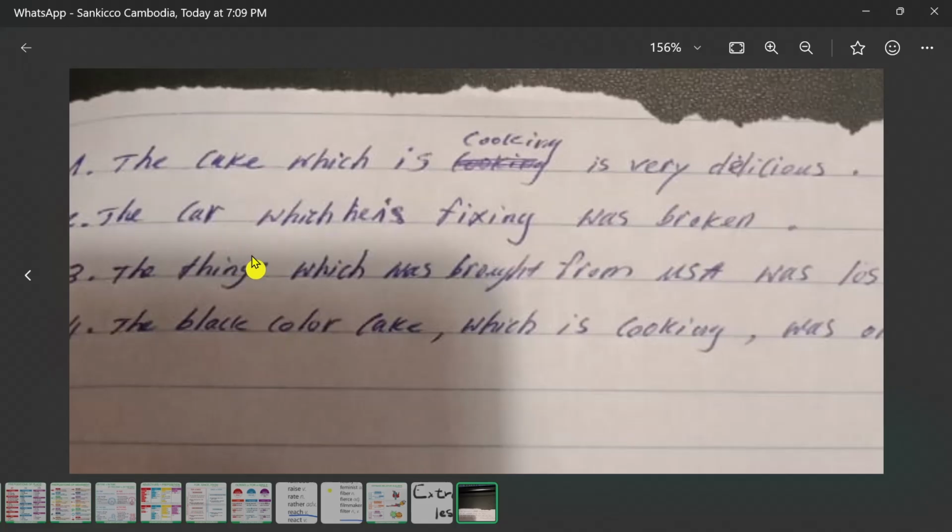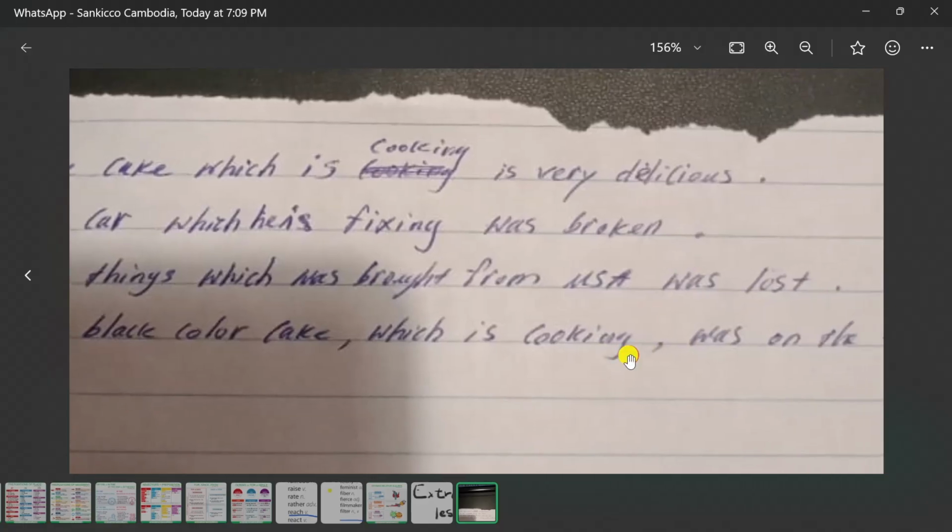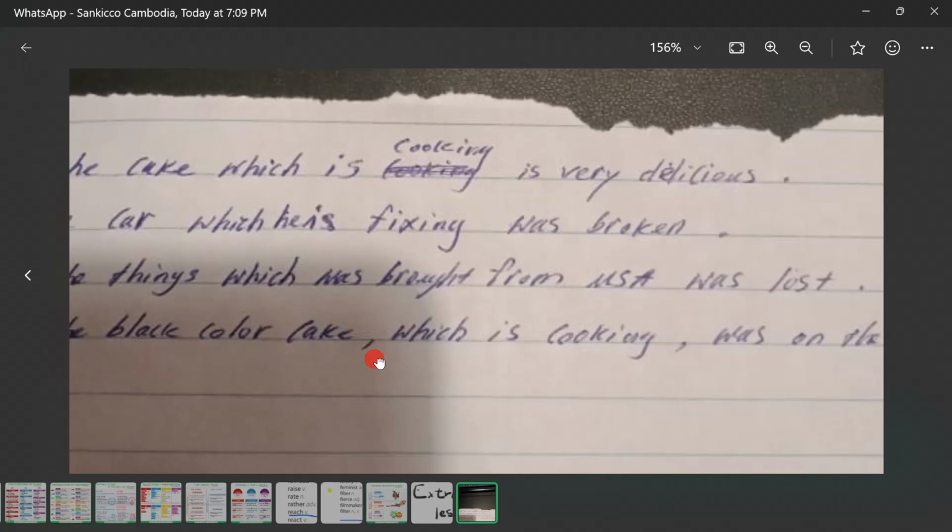Okay, so the things which were brought, this is the passive. Sankitra is using the passive, good. Which were brought from USA. The things were lost. Okay, so just the verbs here you have to change.